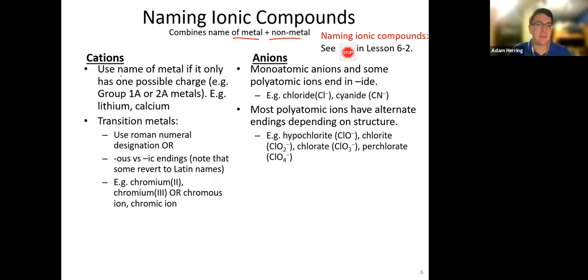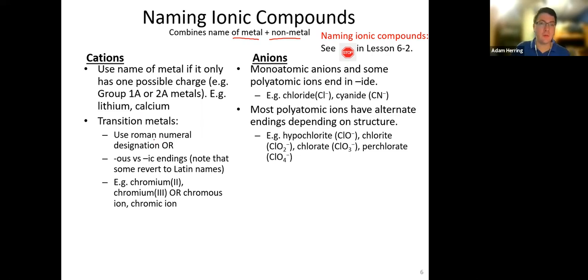For the cations, we can either have the main group metals or the transition metals. Main group metals, it's just their name: lithium, calcium, etc. The transition metals are a little bit more complicated, and the reason for that is because they can have a variety of charges. And so we have to have a name for each charge of the transition metal.